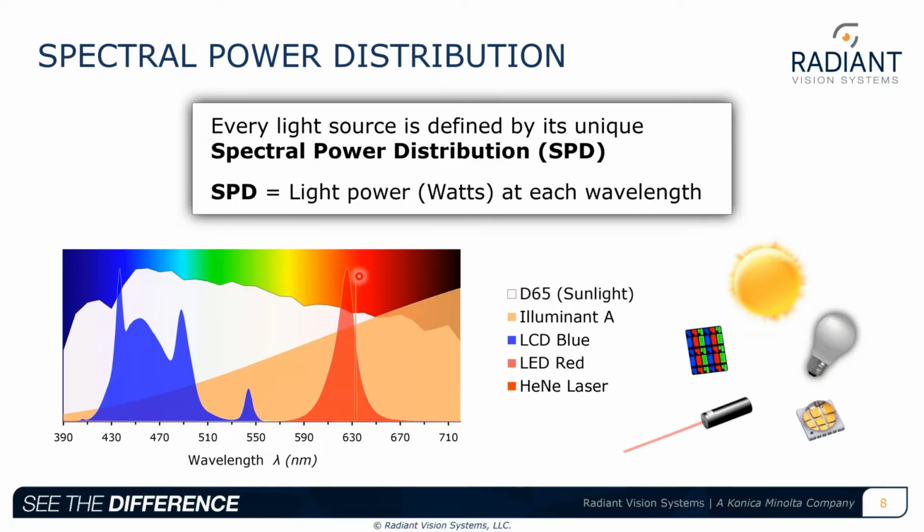Even narrower than that is a Heine laser. Lasers have an output at a very narrow band of wavelengths. So this is a spectral power distribution, and this is one way to define the light output of something like a luminaire or a display.